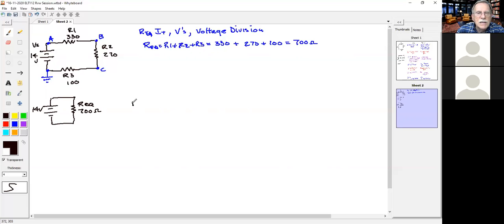So I could just easily write, I'm going to write it a little bit lower so I get a little more room later on. IT is Vs over REQ. So I've got 14 volts divided by 700 ohms. What is that, 20 milliamps?